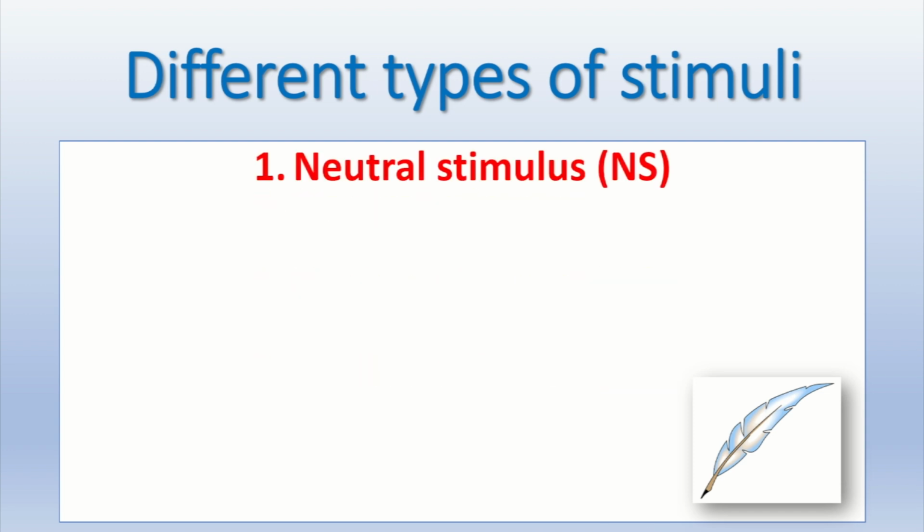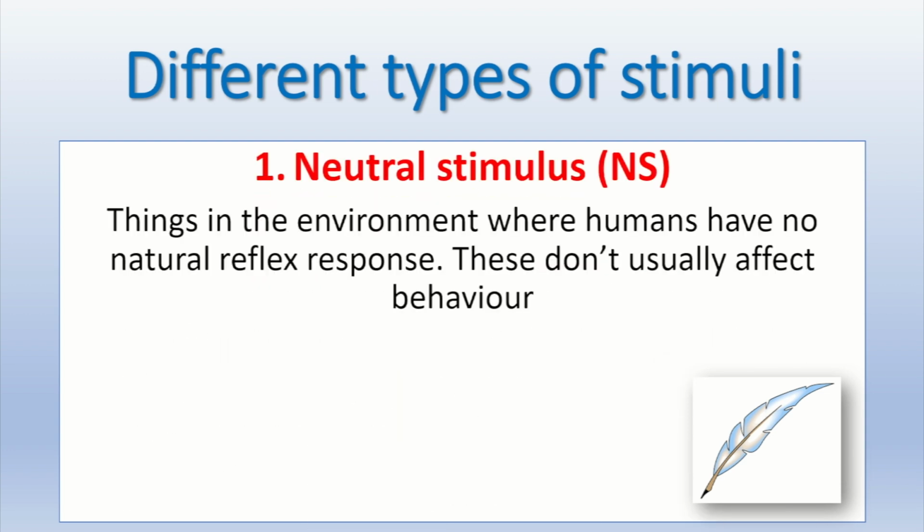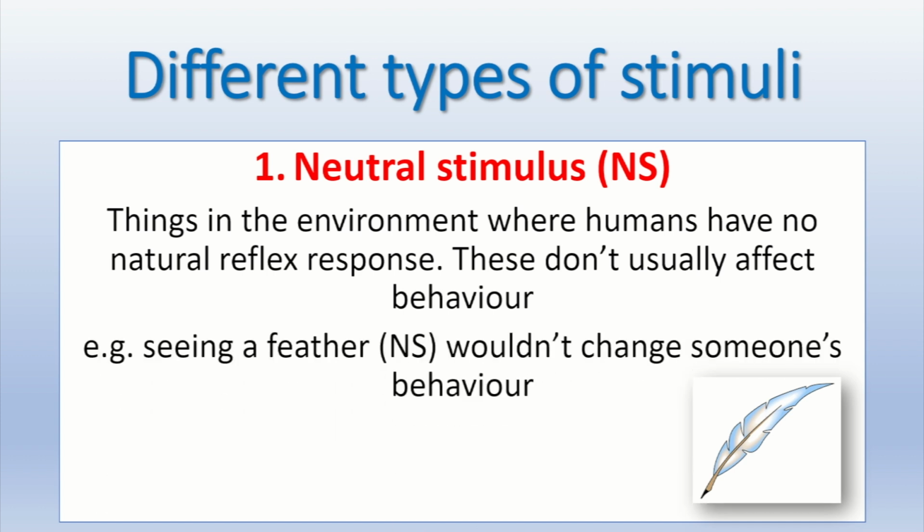So I'm just going to give you a little bit more information about the different types of stimuli. So you've got the neutral stimulus. So this is something in the environment where the humans or animals even have no natural reflex response. So this is something that doesn't usually affect behaviour, or it doesn't cause any reflex response. Okay, so I'm going to use this example of somebody becoming scared or having a phobia to a feather.